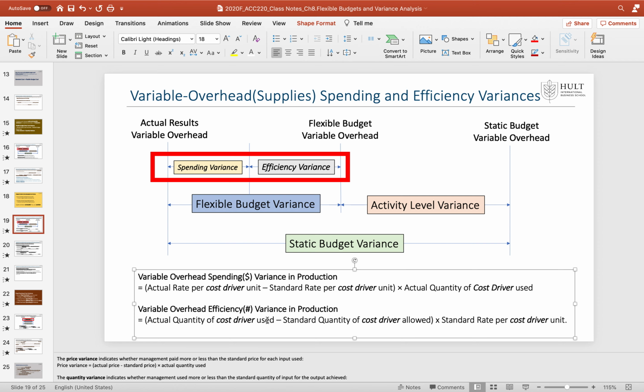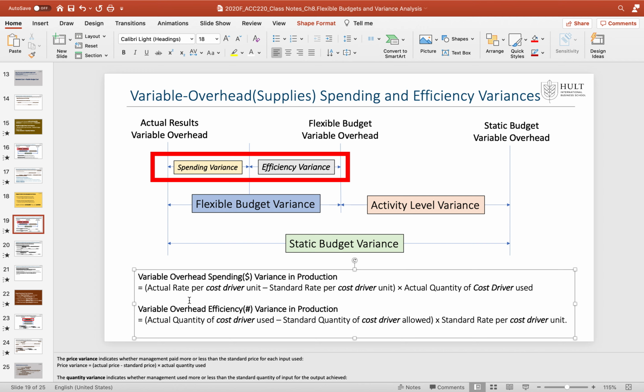The flexible budget variance is comprised of the spending variance and the efficiency variance. We calculate the spending variance as the actual rate per cost driver unit minus the standard rate per cost driver unit, times the actual quantity of the cost driver used. Also, for efficiency, we use a cost driver. Why?